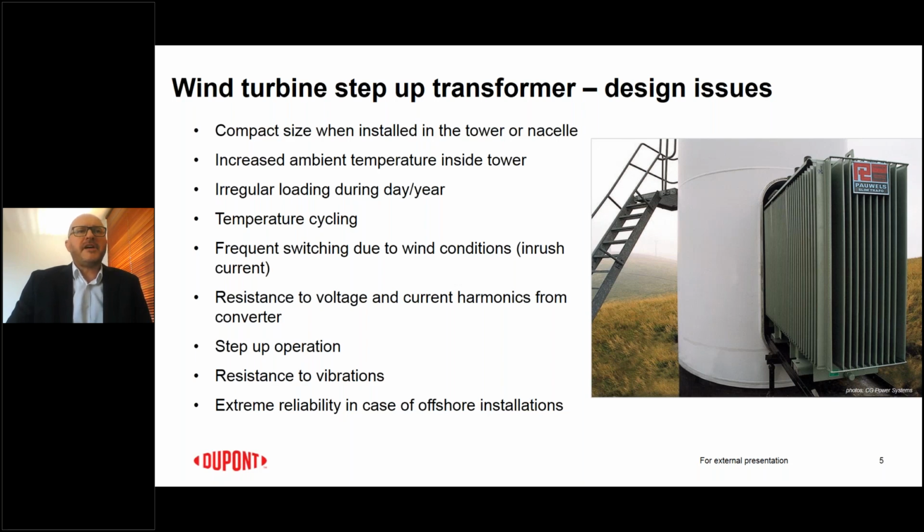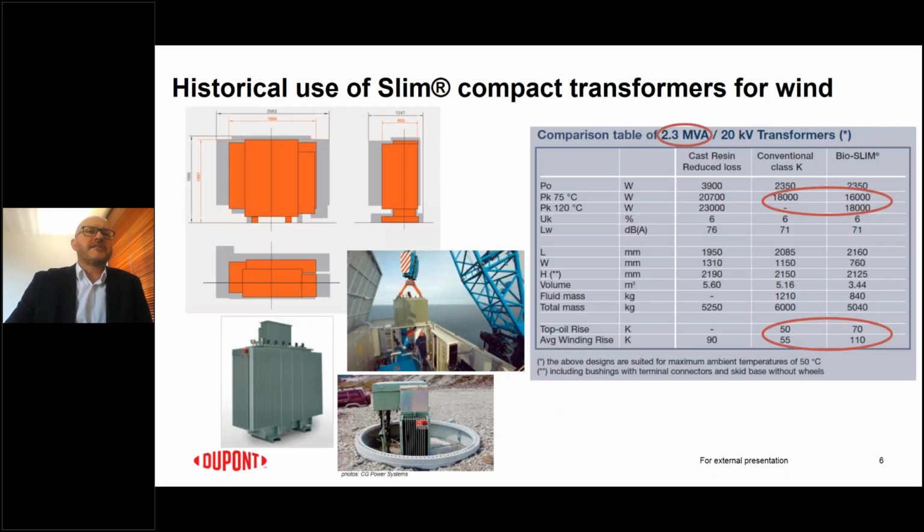And whoever is familiar with the Nomex technology for transformers must be familiar with the slim transformer development that was made in the early years of this century with Powell's, when this concept for the compact transformer using high temperature technology, meaning high temperature solid insulation and high temperature liquids, was developed.